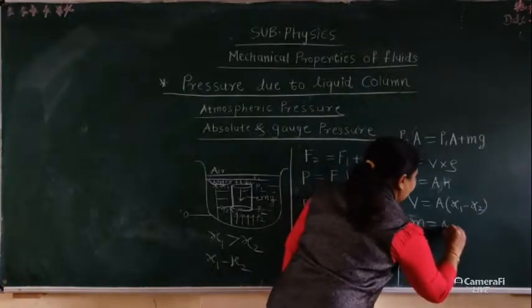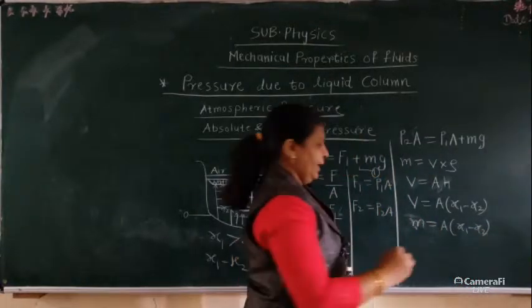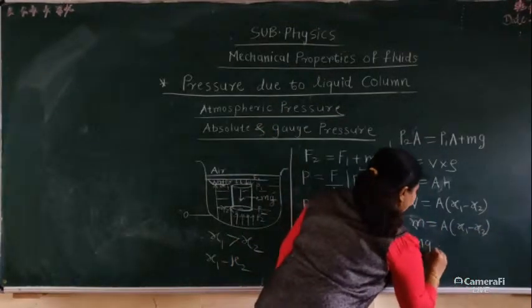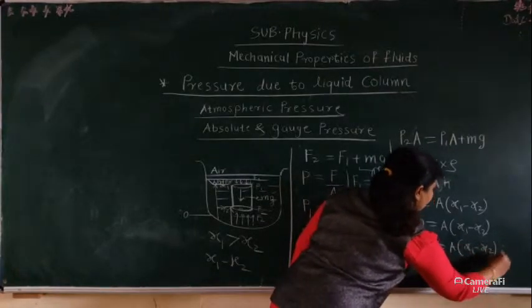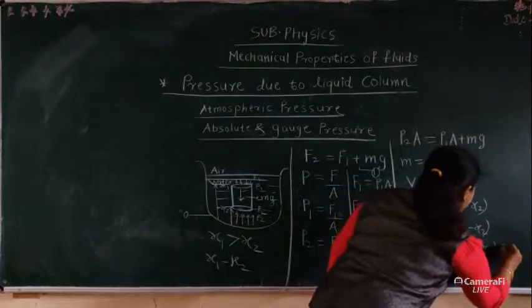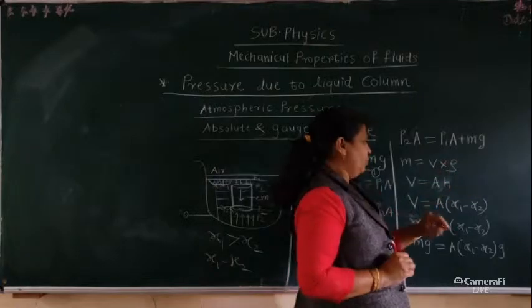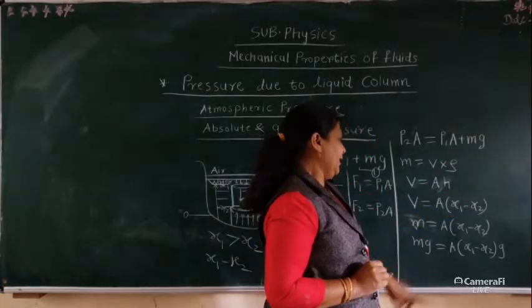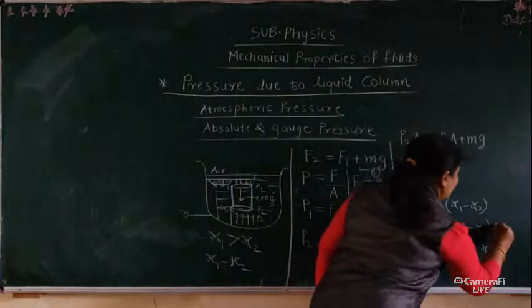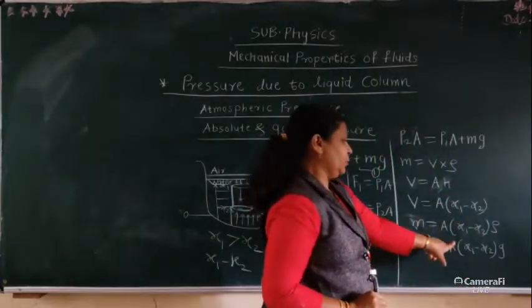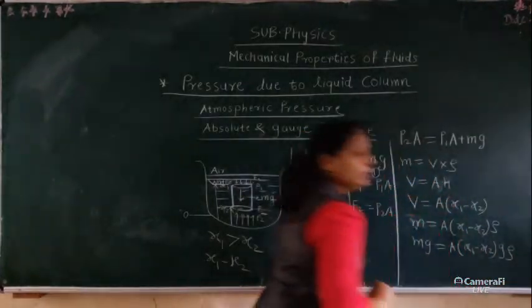So mg is equal to A into x1 minus x2, then g, and rho.